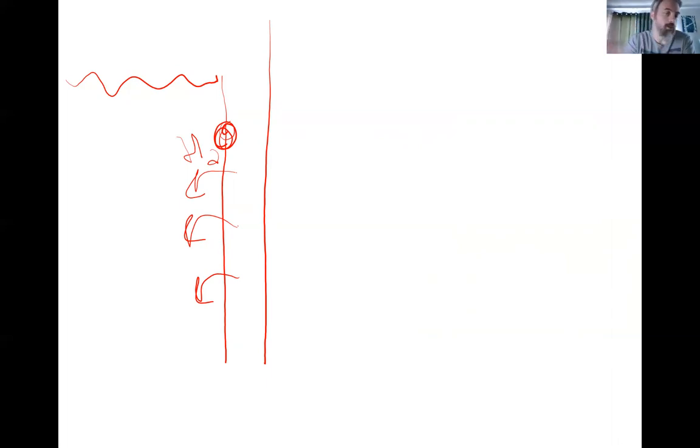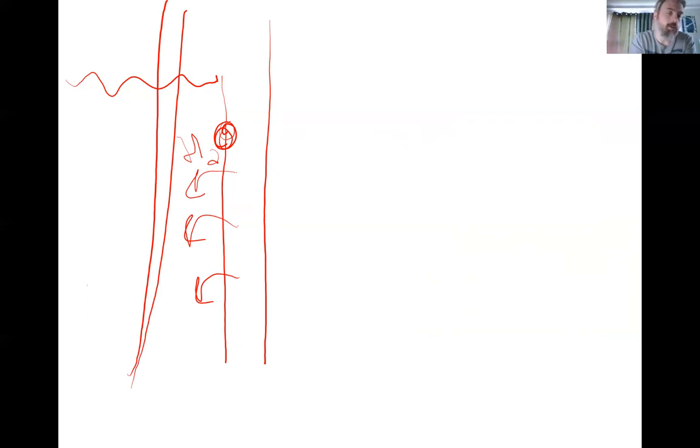The reason this vasa recta exists is so that as the ascending limb of the vasa recta, blood, flows back upward this whole way around, that water from this tissue ends up back in the blood. So the purpose of this vasa recta here is to reclaim that water.